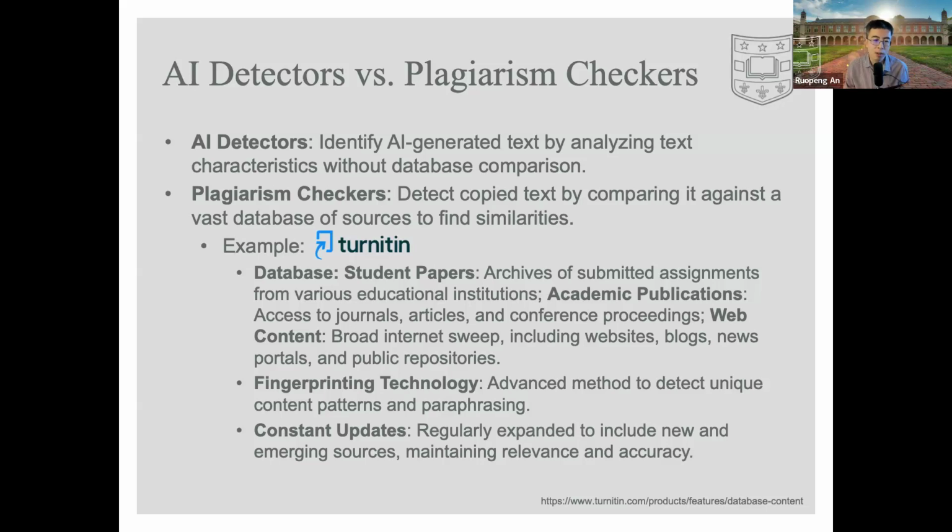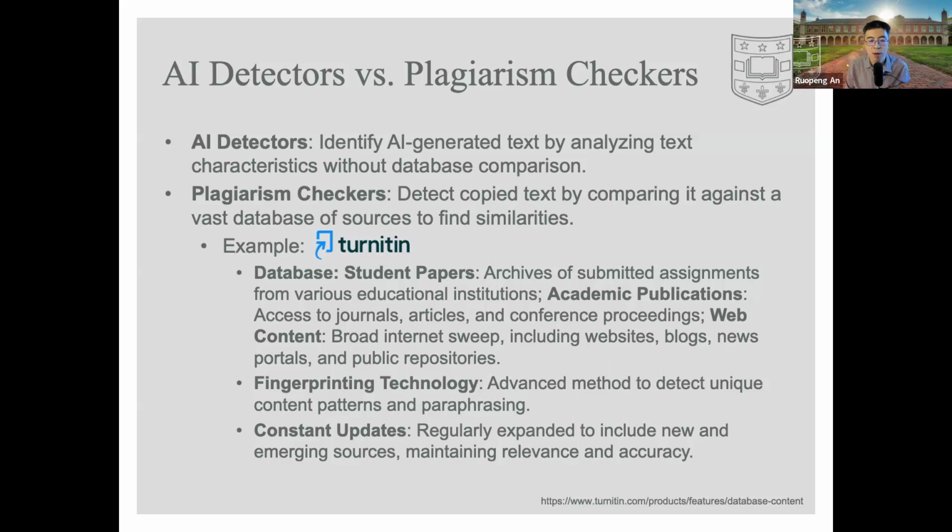On the other hand, plagiarism checkers are tools that may or may not use AI to detect copied text by comparing it against a database or a number of sources in order to identify the degree of similarity. For example, Turnitin is mainly a tool for detecting plagiarism.